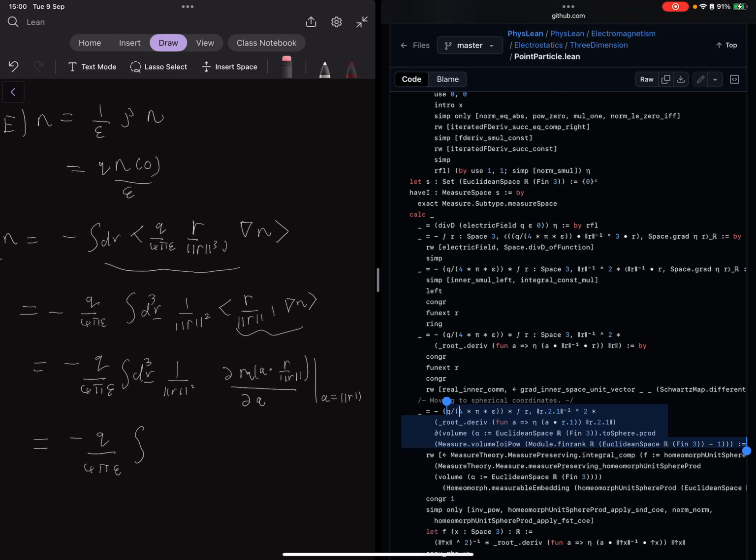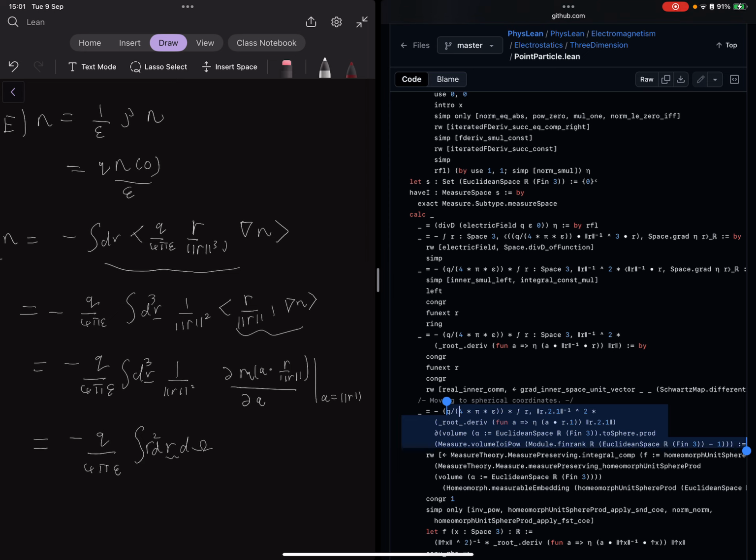So I'm going to basically go to spherical coordinates and integrate over the radius and what is basically the sphere. And I think I'm missing an r squared there, but I'll correct that in a second.